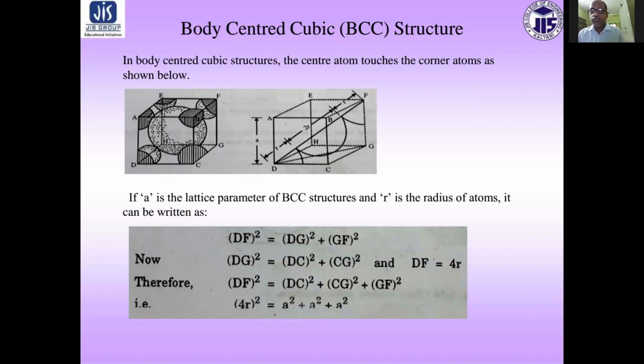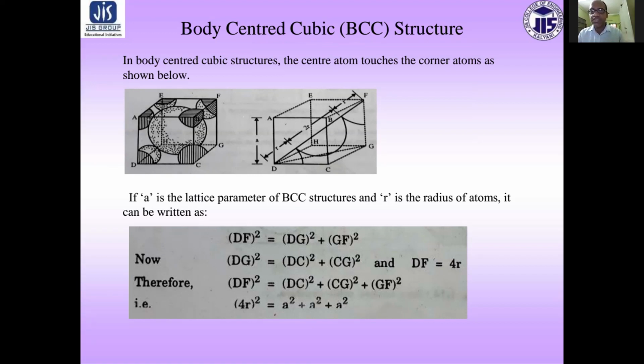We know dF is the total body diagonal, equal to the square root of dG square, the length of dG, plus GF square, the height.